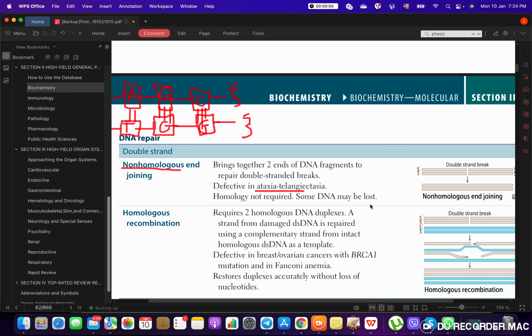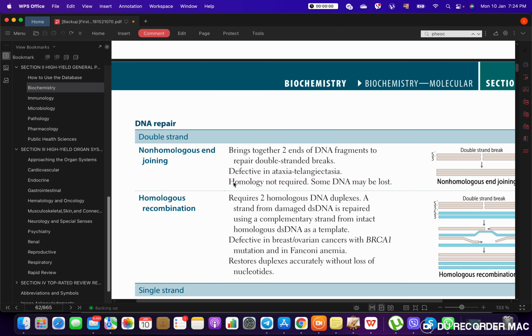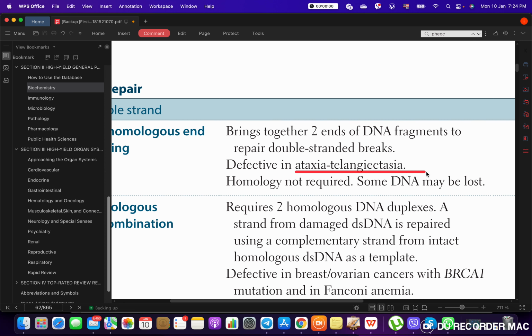Okay? So ataxia telangiectasia, where did we speak about this disease? The immunology, it was one type of the primary immunodeficiencies. Do you remember what I told you these patients should not be exposed to?